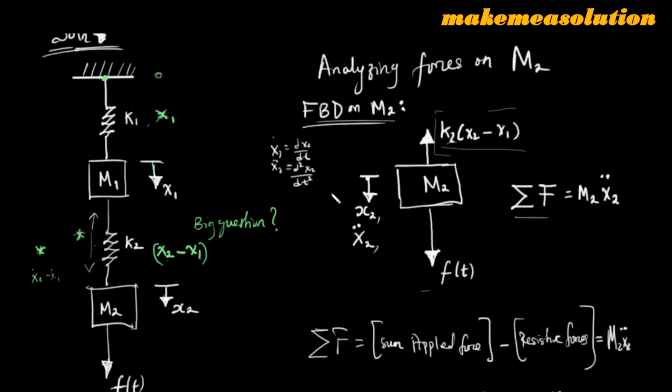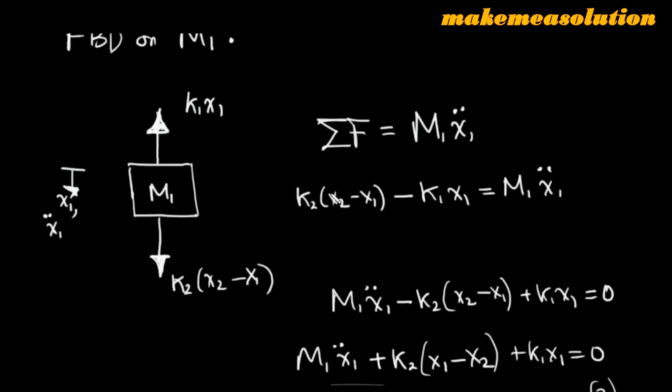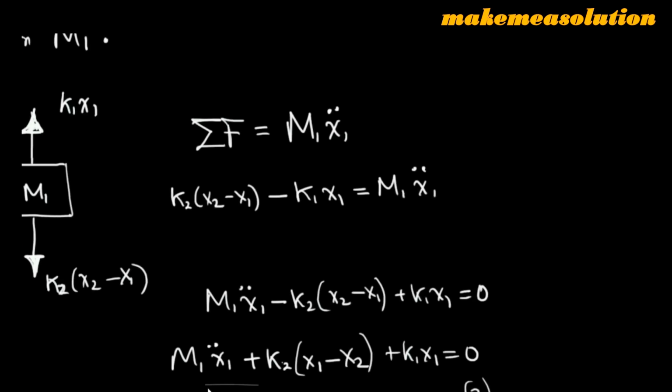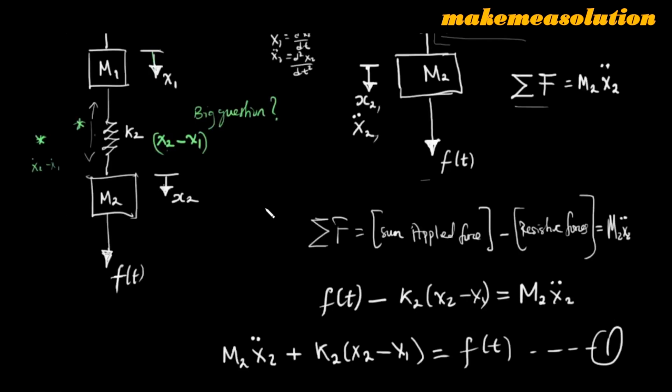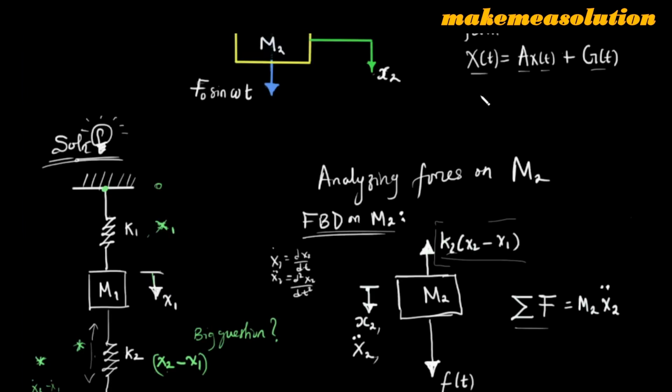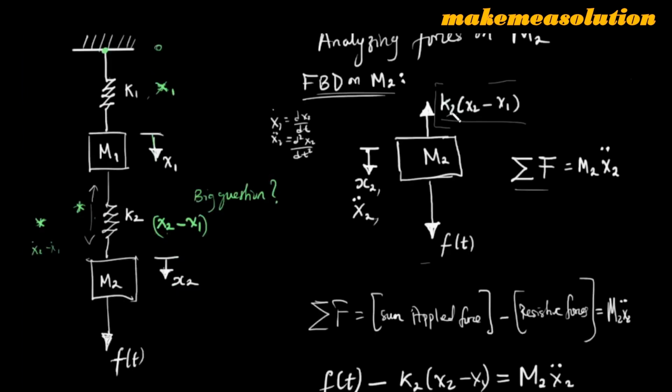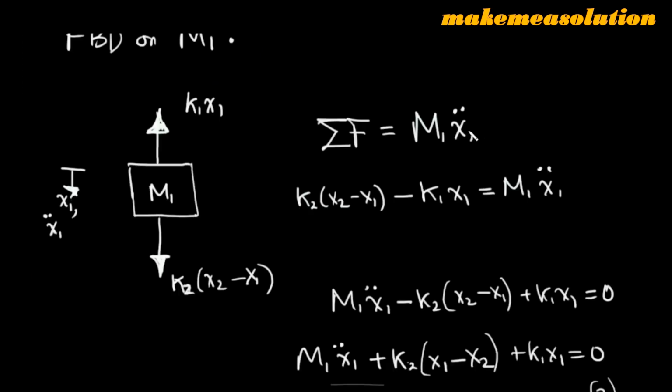The free body diagram is k2, as you can see. So I don't know why I put k1. So it's k2, please, because it's the same force. The same force that this mass feels, the resulting force k2 into x2 minus x1, is the same force that the other mass feels in the opposite direction.